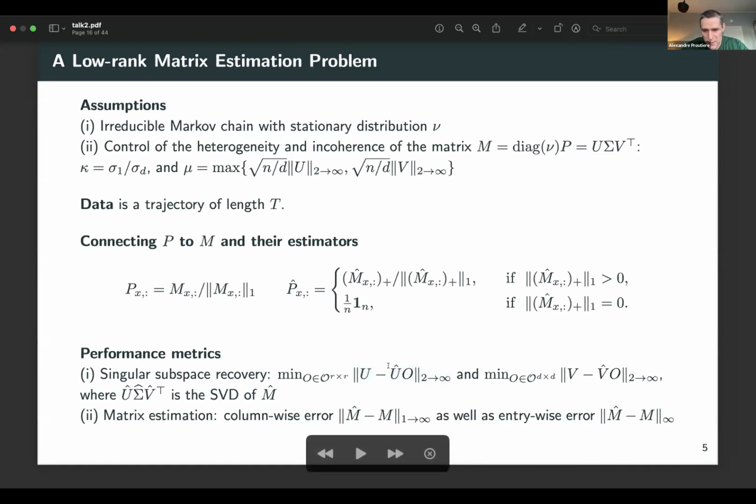Of course, the recovered subspace is defined up to rotation. That's why we have the minimum over all rotations O in this performance measure here. When it comes to matrix estimation, as I told you, we need the 1 to infinity norm or even entry-wise guarantees.